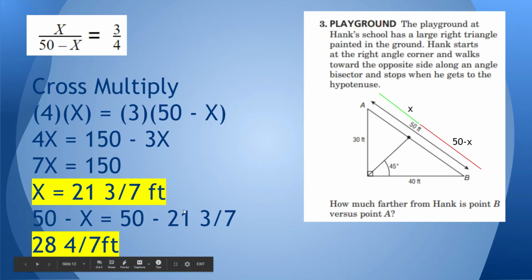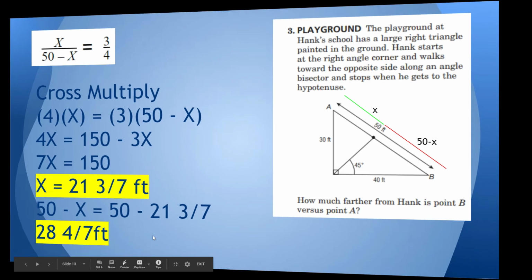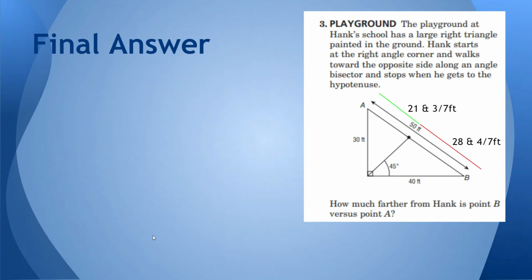So 28, 21, that should give us 49, plus 4/7 and 3/7 equaling 1 gets us back to 50. So this side over here, 50 minus x equals 28 and 4/7 feet. All right, so what is our final answer then?